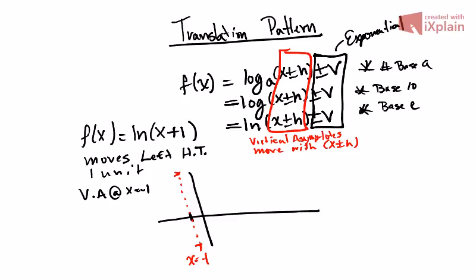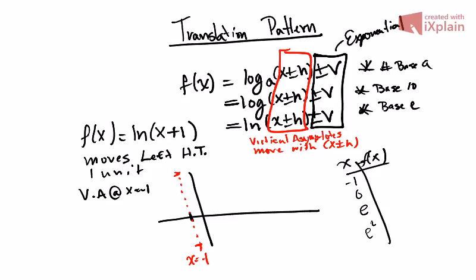Then from that point on, you draw a table of values and start plugging stuff in. You're not going to plug in anything at -1, but you can plug in 0, e, and e squared.